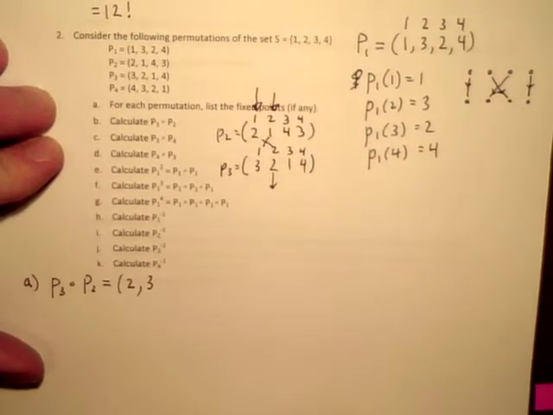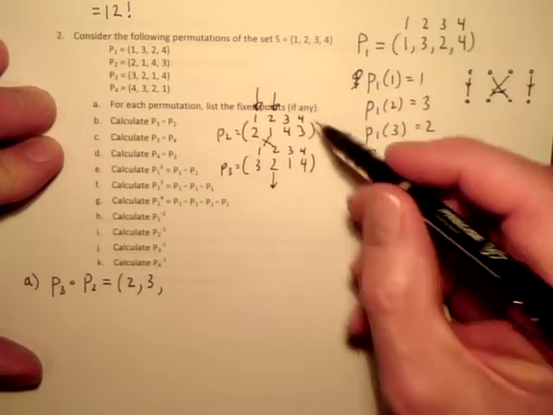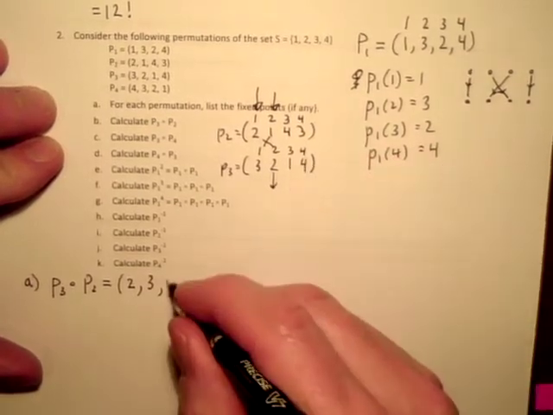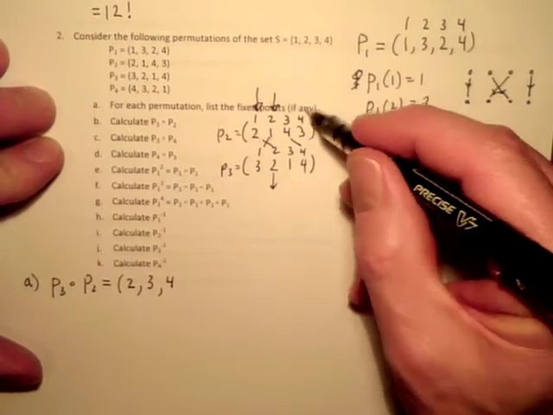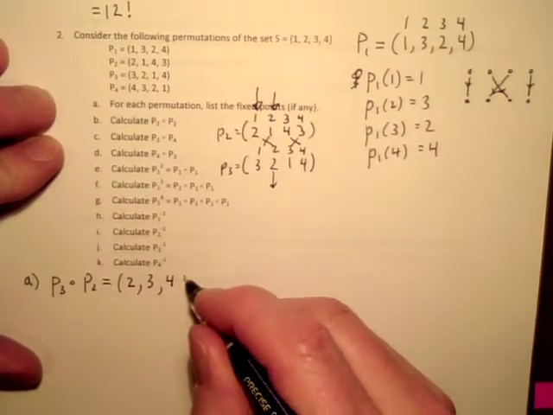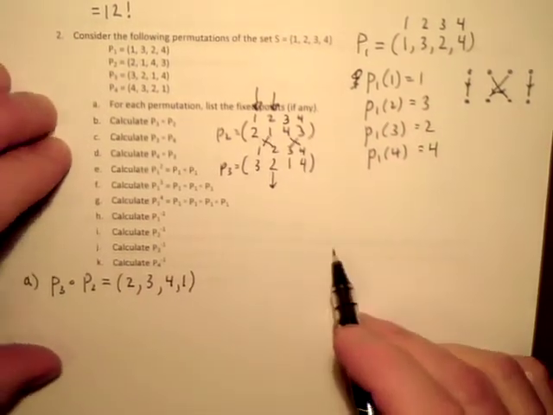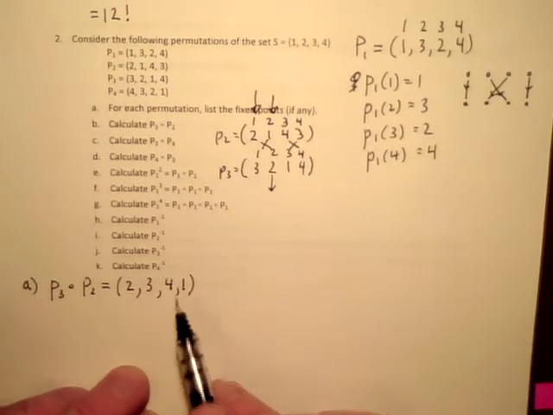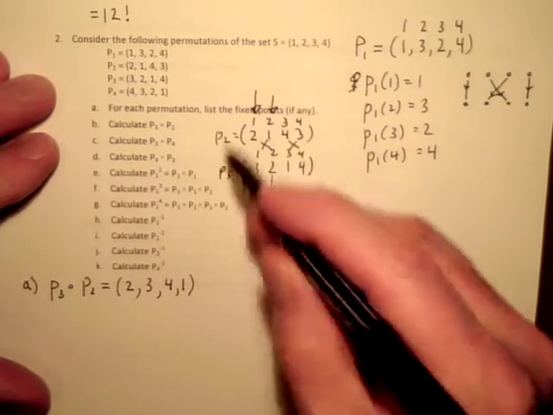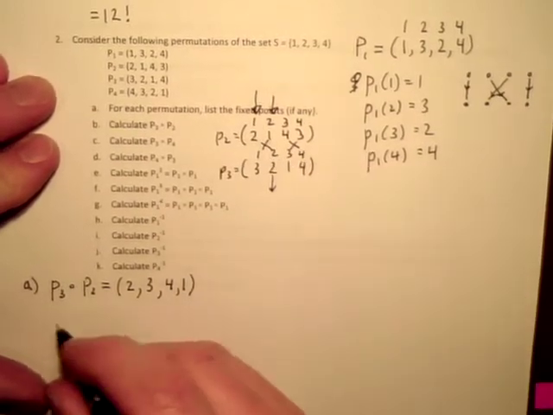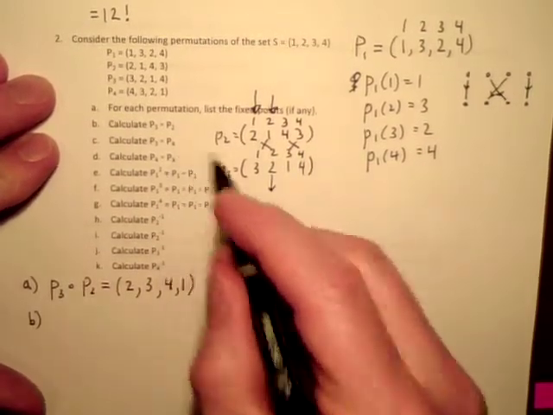So it went to 3. 3 goes to 4, and then 4 goes to 4. You see I'm just following it through here. And then 4 goes to 3, and 3 goes to 1. And if you're doing it right, you should always get 4 different numbers here. Okay, so that's one way of doing it, where you write everything out and follow the numbers through.